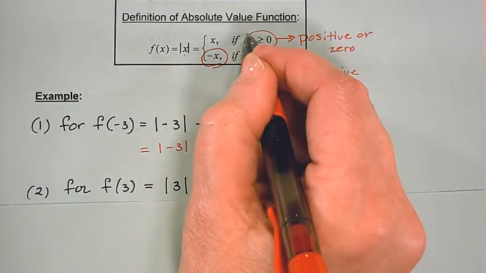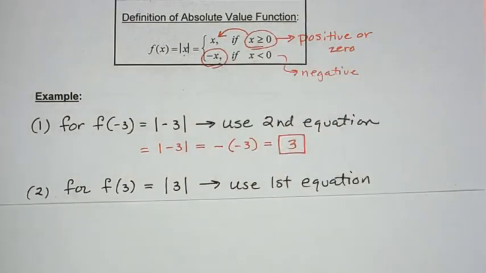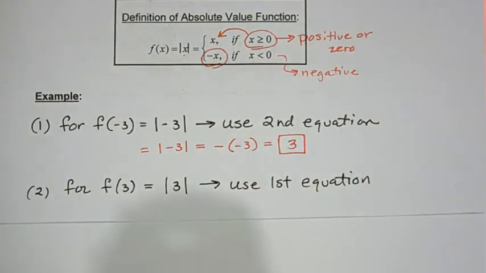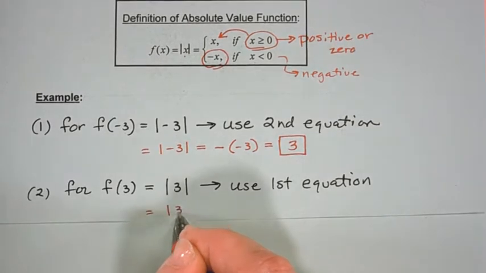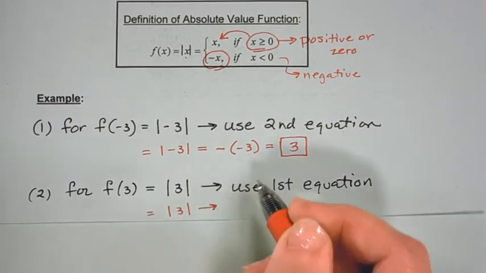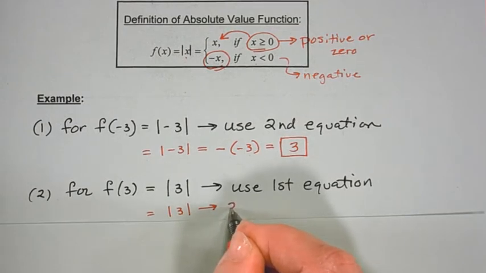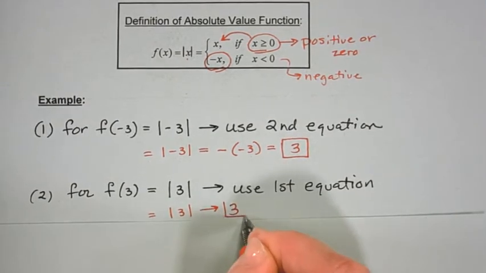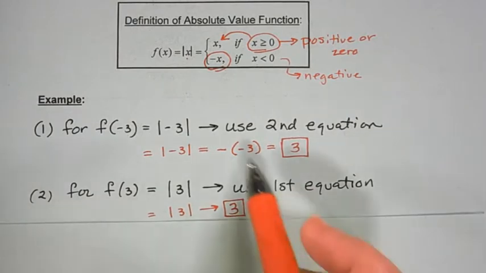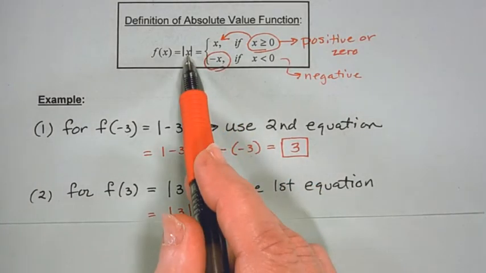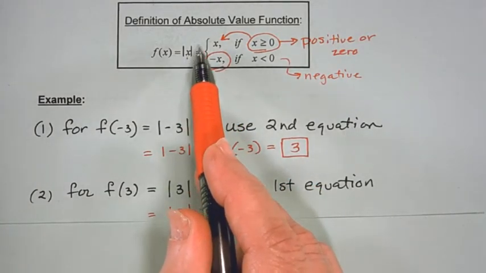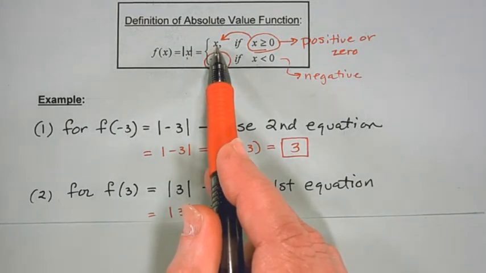And so we use that part of the definition for our value. And so when we have the absolute value of 3, we're going to have that equal to just 3, because that's what the definition said. If the number inside is positive, the answer when you take off the bars is just the number itself.